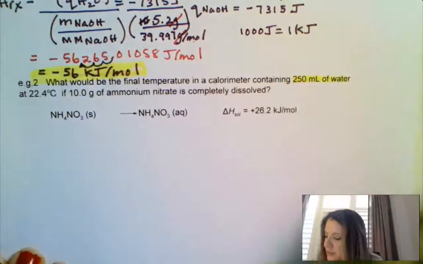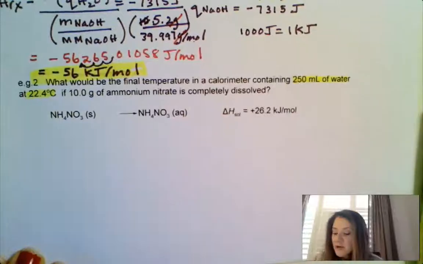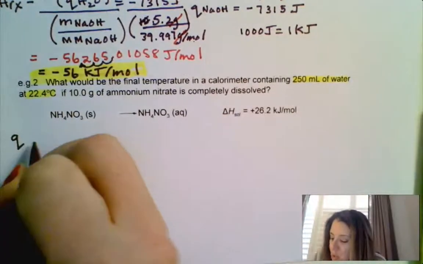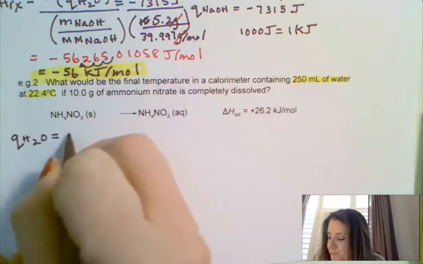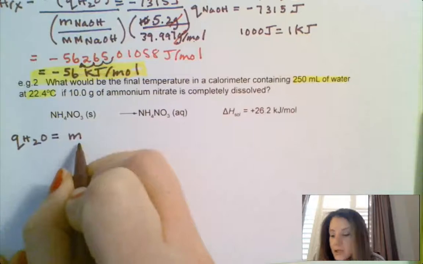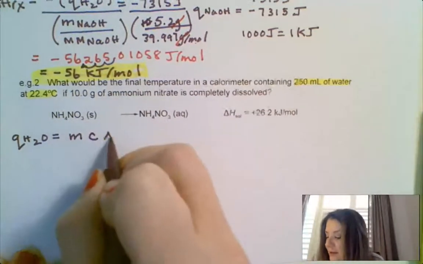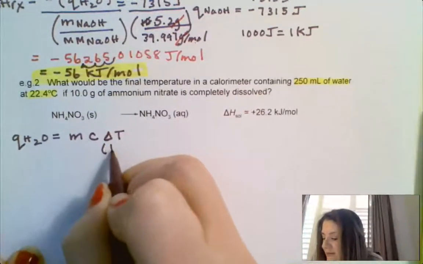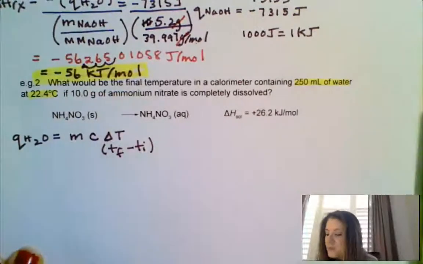We have 250 milliliters of water. This is the initial temperature. They want us to figure out what the final temperature would be. The only way that I can figure out final temperature is if I know the mass of the water, specific heat capacity of the water, and delta T. I know that my delta T is final minus initial.